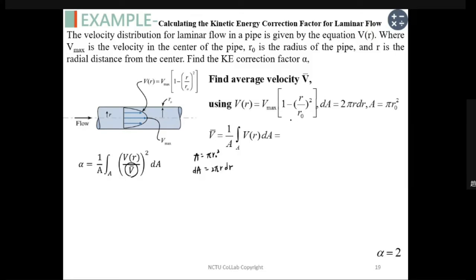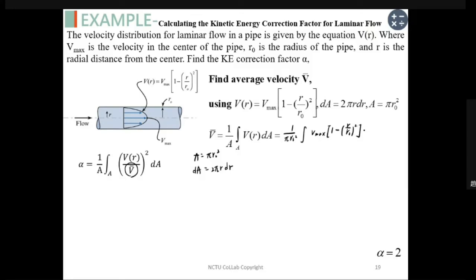So we just put A and dA back into the equation, and then we compute the mean flow velocity. We put the number here: 1 over pi r0 squared, and we do the integration.